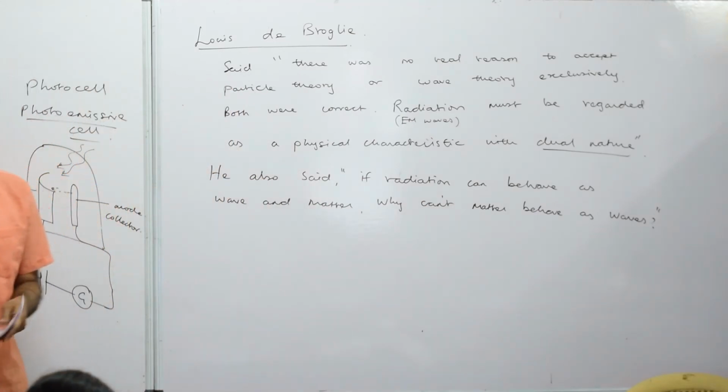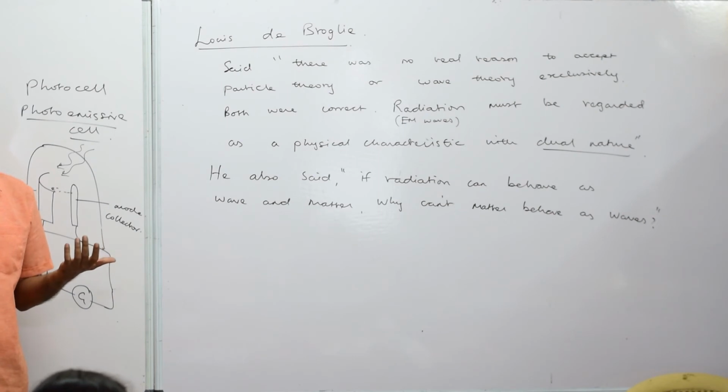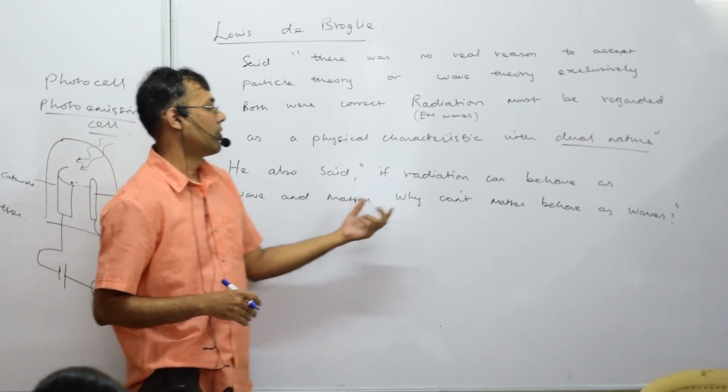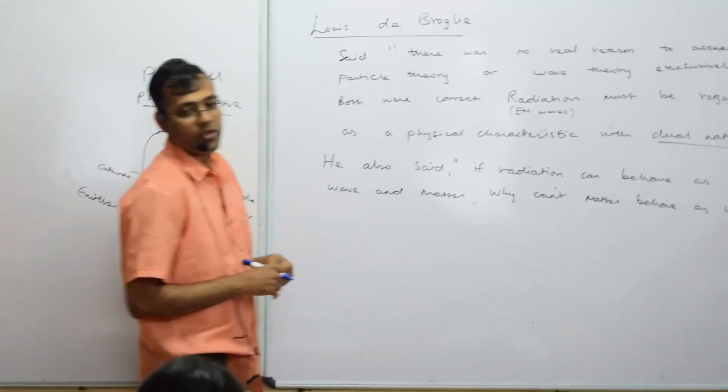And the only support which he had was that in nature most things are symmetric. Everything is kind of symmetric. So when a wave can behave as matter, why can't matter behave as waves, right?